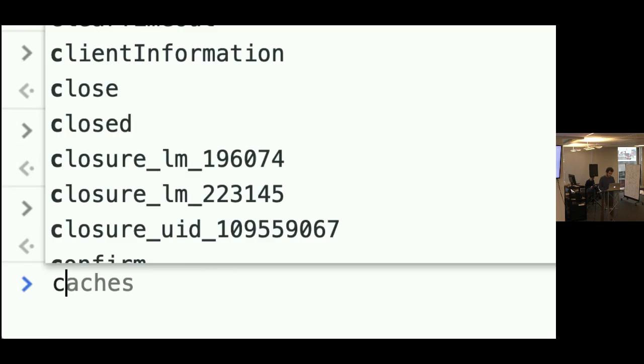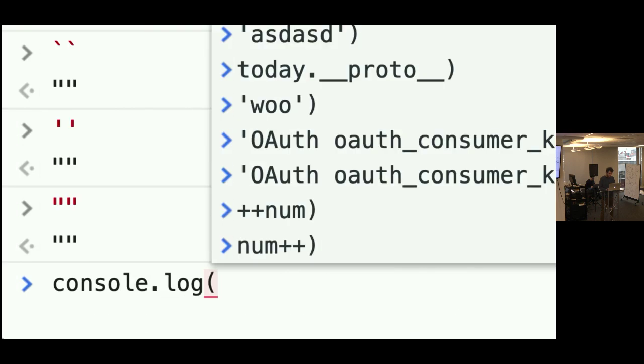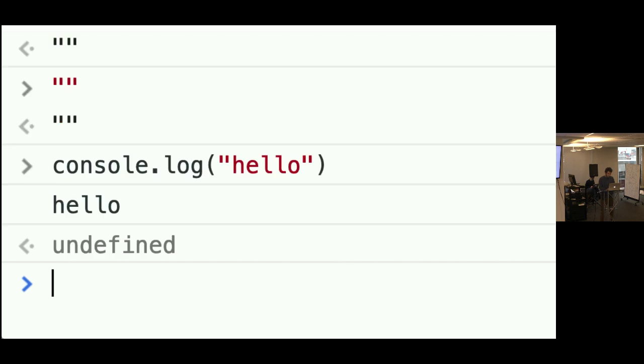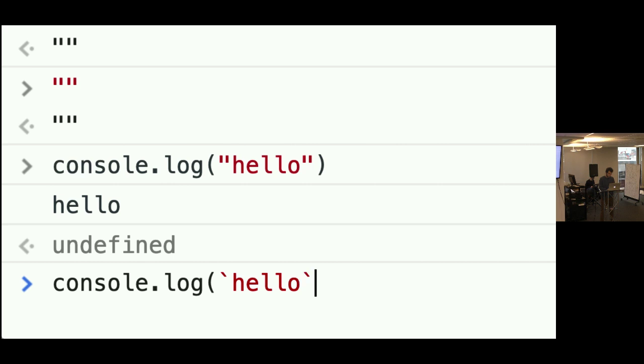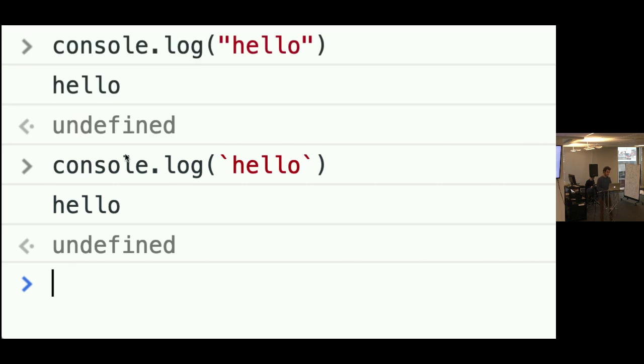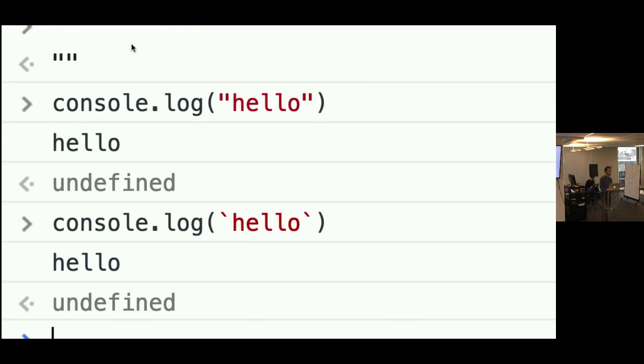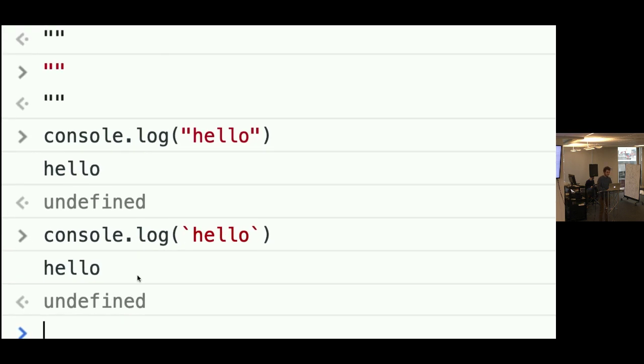So if I used to be able to console.log hello, now I can console.log backticks hello. And it almost looks like a hello with sass. Like, it's got a little bit more going on than that. This kind of string now is called a template literal, or a template string.